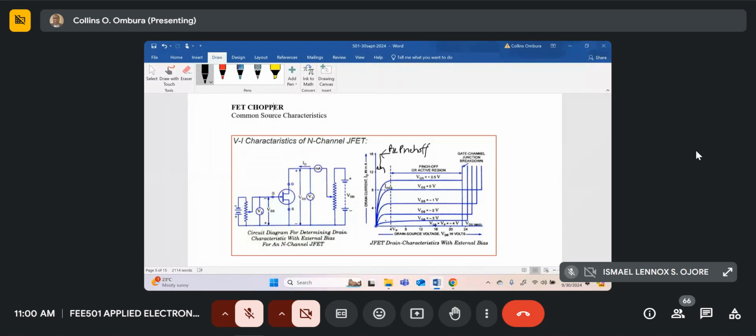So we won't be operating in most of the region shown by this graph, but in a region close to the origin.